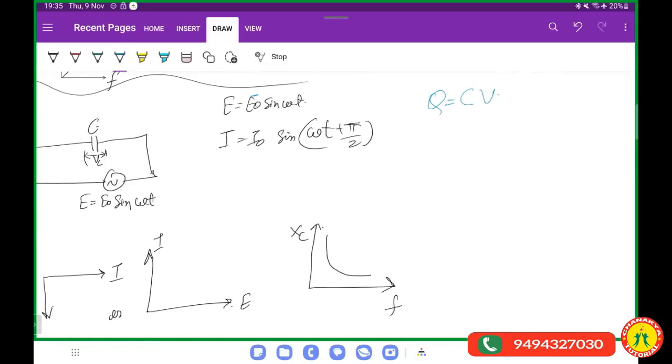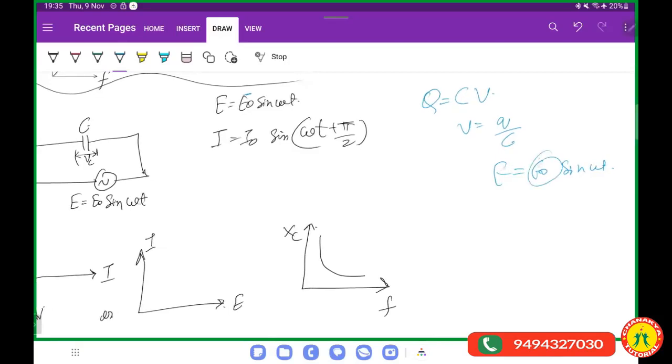Okay. So we can say V equals Q by C. This E we wrote as E equals E naught sine omega t. There we can substitute the charge and all that. So in place of this, I can write Q by C, or let's say C epsilon naught sine omega t.